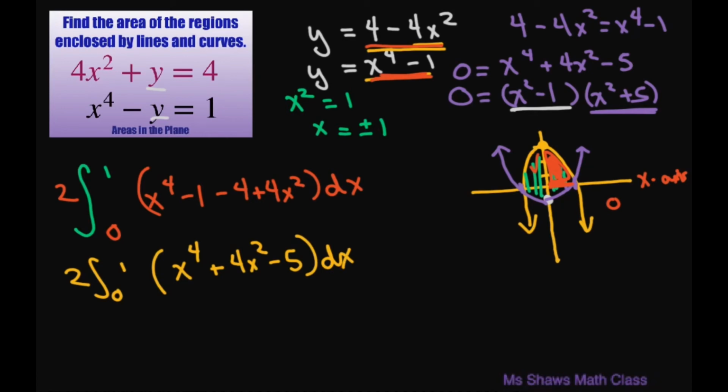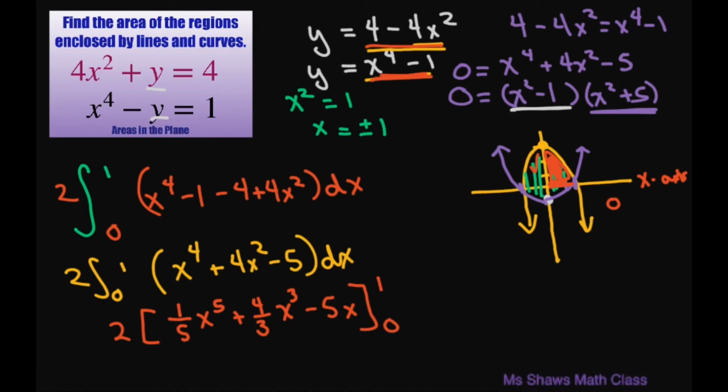Okay, so let's go ahead and integrate it, and we're going to get 2 times 1/5 x to the power of 5 plus 4 divided by 3 x to the power of 3 minus 5x, and we're evaluating this from 0 to 1.